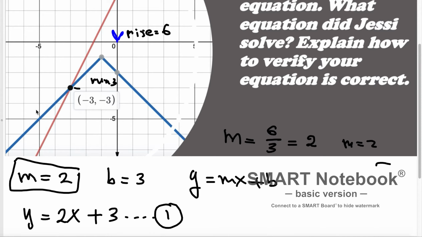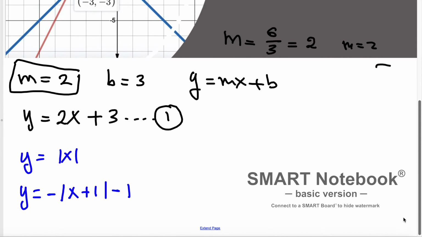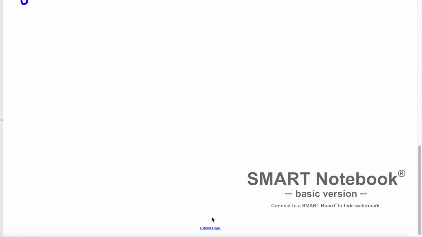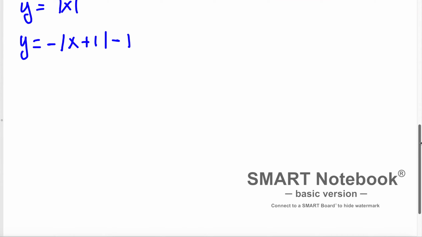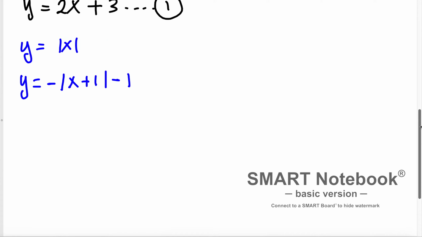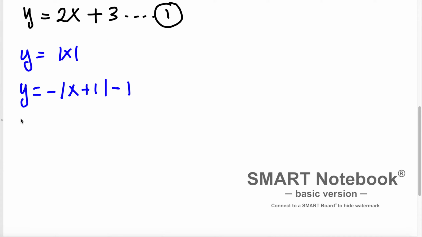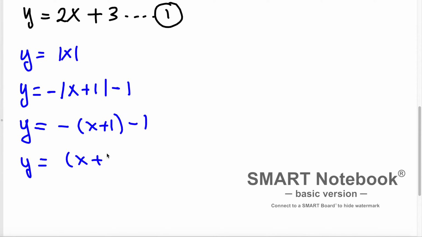As we see, this side here has a positive slope. So this function can give us two equations: y is equal to minus the absolute value of x plus 1, minus 1, which is the negative-slope part, and y is equal to x plus 1, minus 1. We are looking for the positive slope, so this one here.